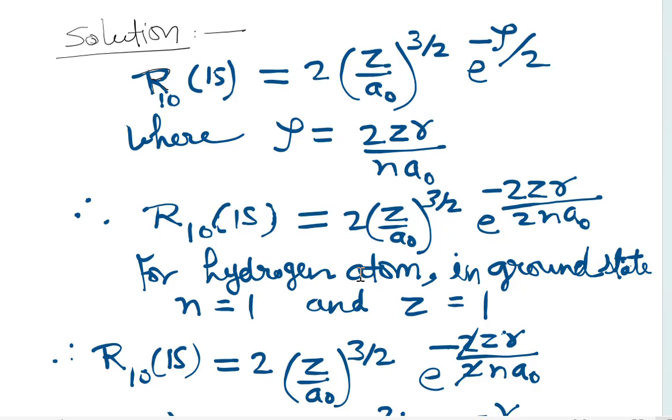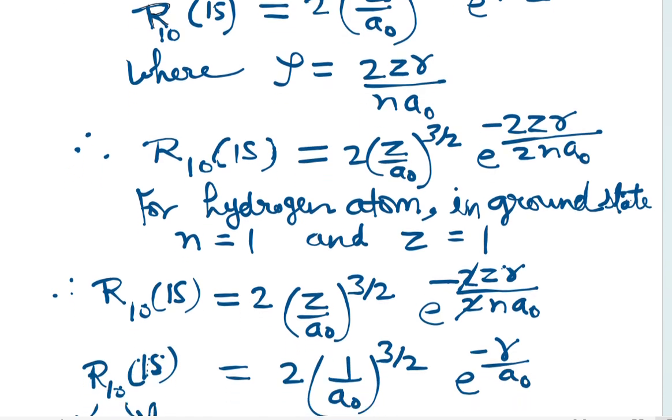Now for hydrogen atom in the ground state, n is equal to 1 because it is the first Bohr orbit, and Z is equal to 1. In the ground state, the electron remains in the first orbit, that is n is equal to 1, and the atomic number of hydrogen is also 1, so Z is equal to 1.